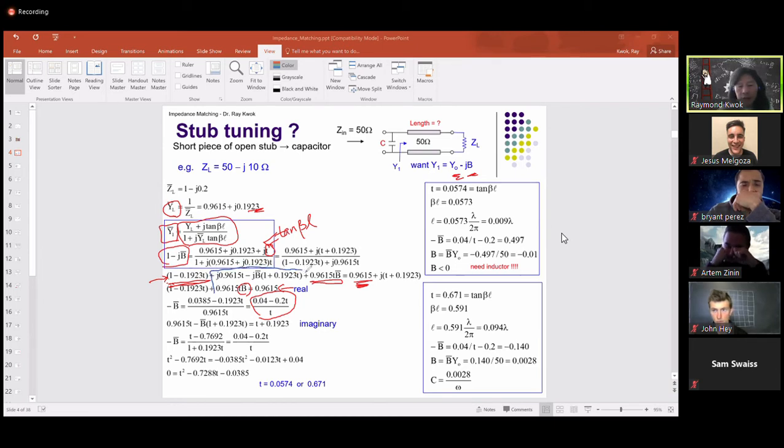This is my imaginary part. That's equal to the imaginary part on the right-hand side, which is this, and that's just this.